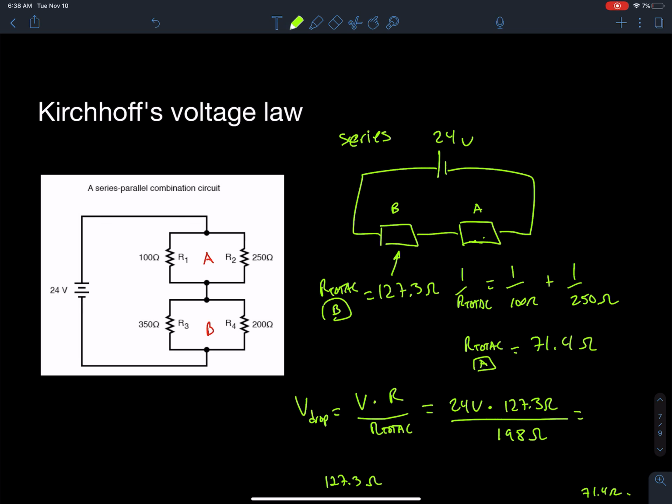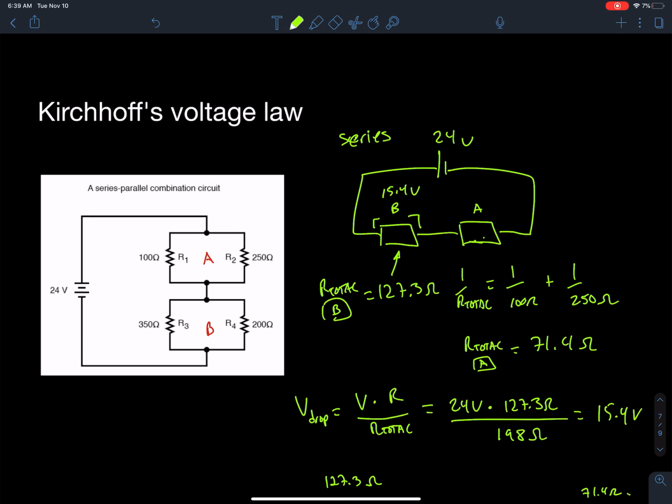So what I would see is 24 times 127.3 divided by 198 gives me 15.4 volts. So according to Kirchhoff's voltage law, 15.4 volts is going to be going across here.